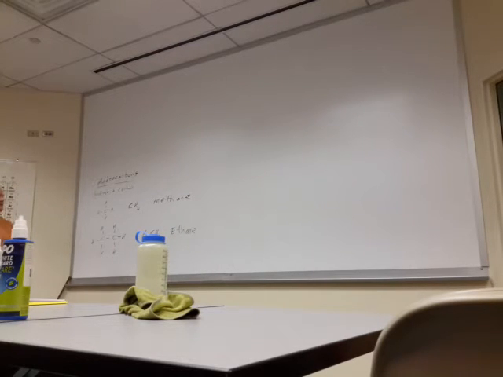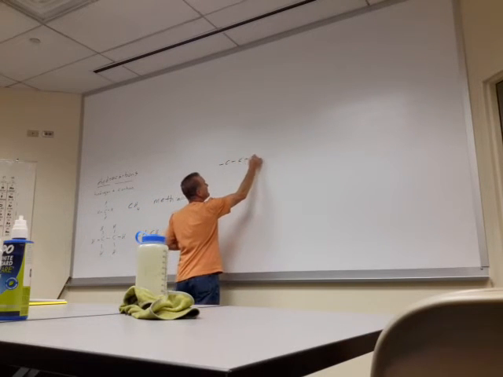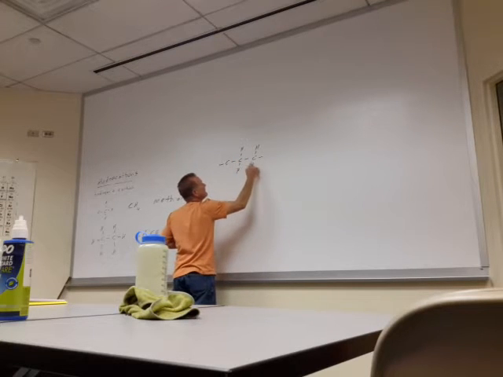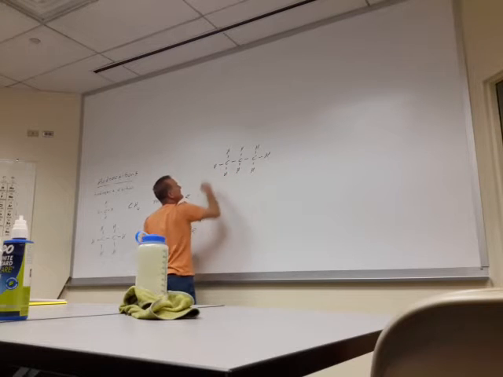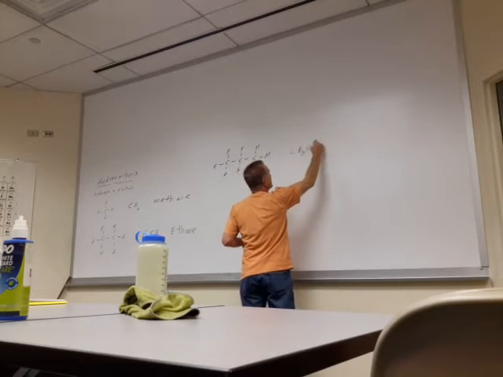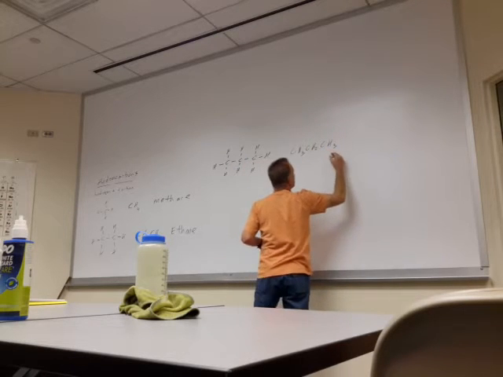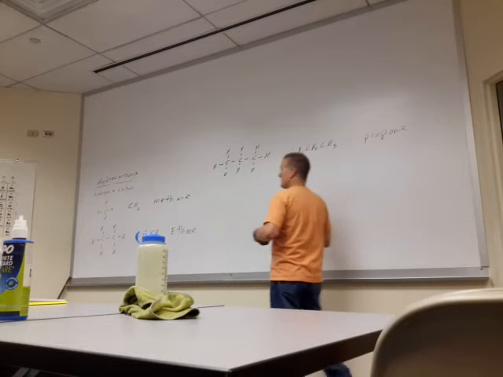The 3 carbon molecule sort of grows a little bit. Could be shown as CH3, CH2, CH3. And that one's called propane.